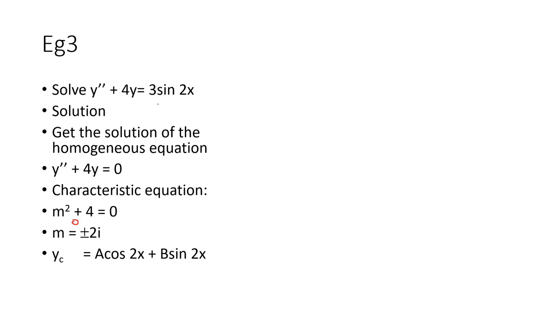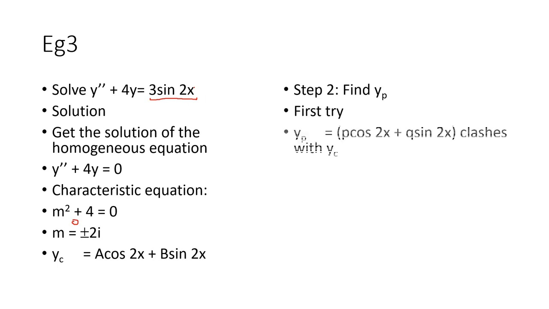Okay, after that you choose a yp based on the fx term. You have sin 2x, that's why your yp will be like this. If you don't like P, Q, you may put this is C, this is D, also can. If you put, let's say this is P sin 2x, this is Q cos 2x, it doesn't matter.